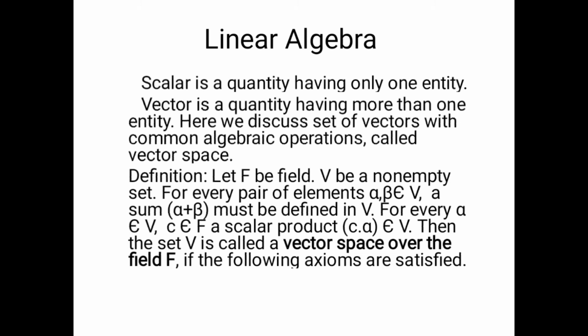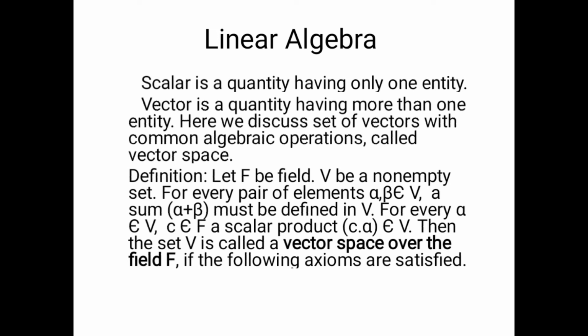Now we define two binary operations. One is addition, that is from V cross V to V itself, and another one from F cross V to V, that is scalar multiplication, or the dot multiplication.